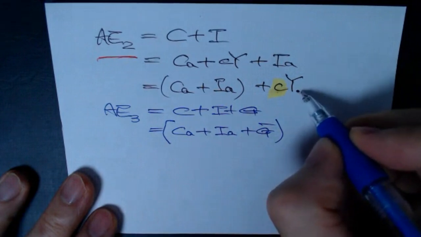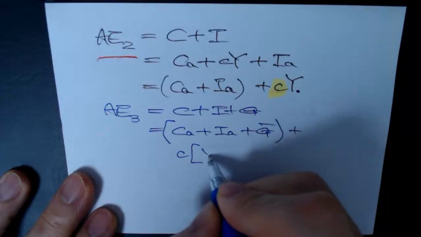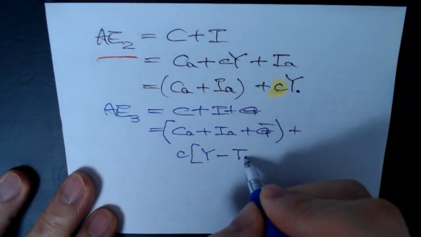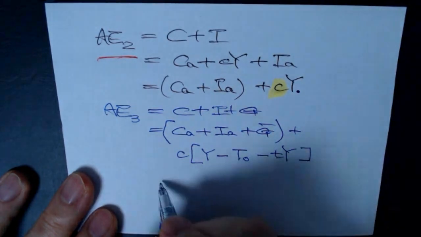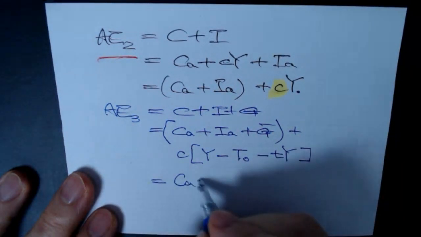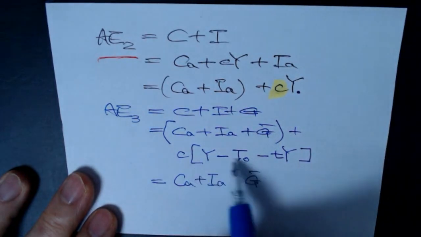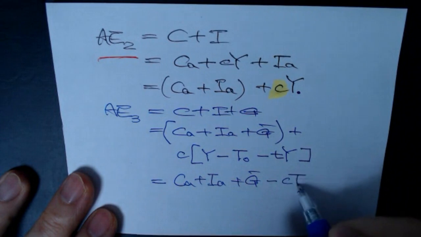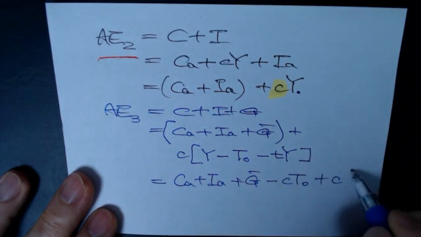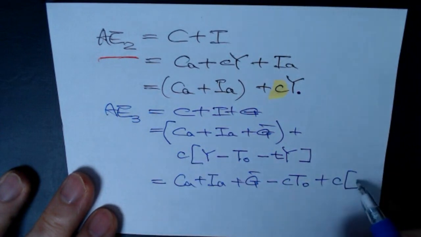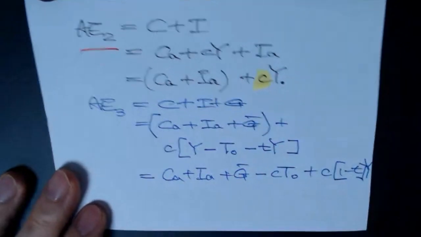But now we have to consider this. C(Y - T0 - tY) equal to C_A, I_A, G, right, minus C T0 plus C(1 - t)Y, like this.